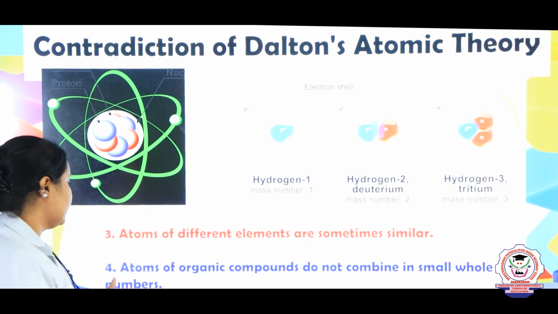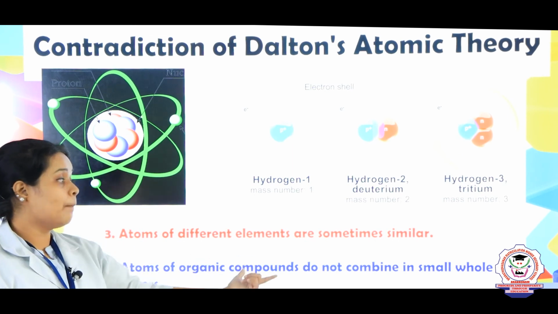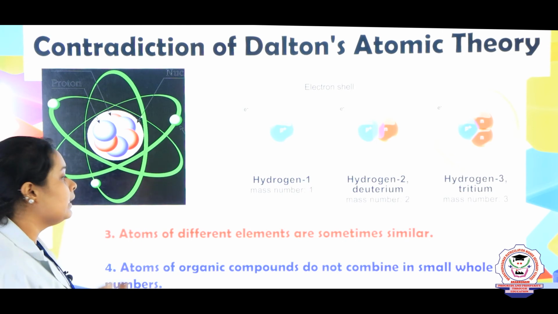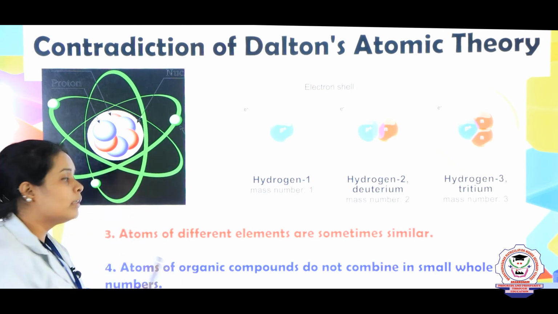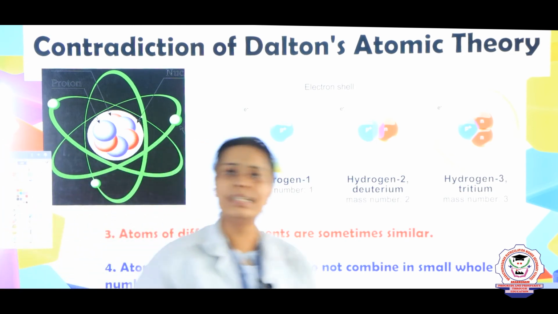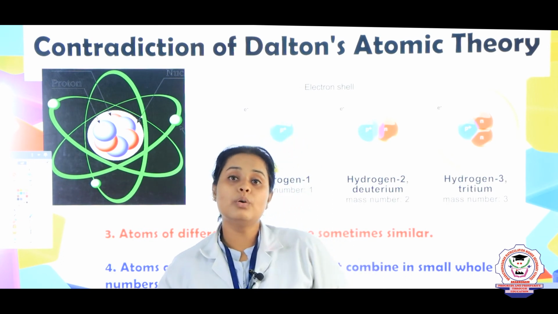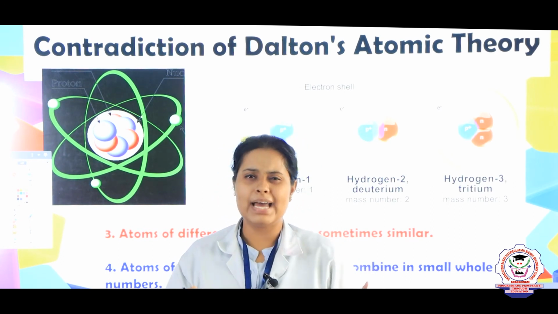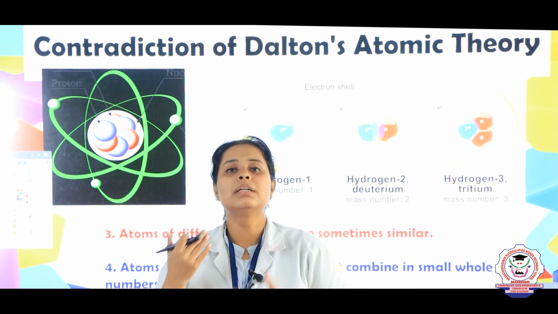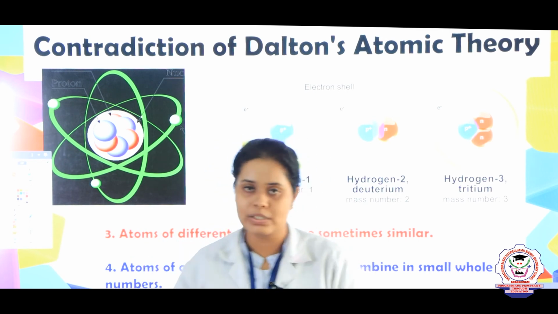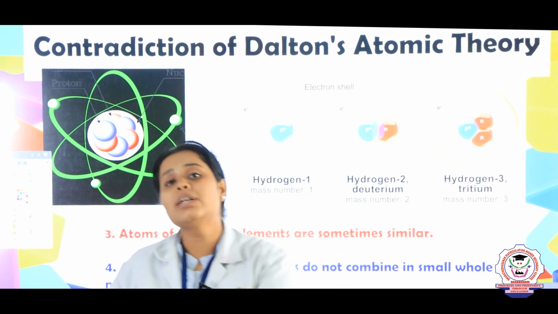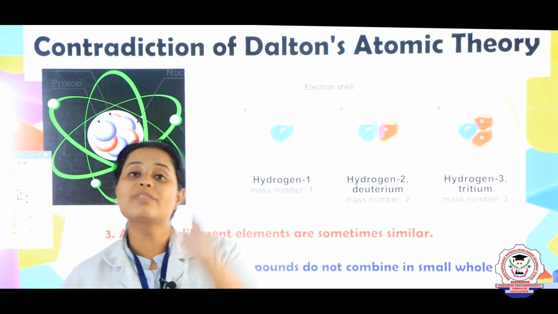And the fourth point is, atoms of organic compounds cannot be completely combined in small whole numbers. Let's take the example of glucose. Glucose you can take simply as 6 carbon, then hydrogen and oxygen, right? In the same way, if you take fructose, fructose will have 5 carbons, right?